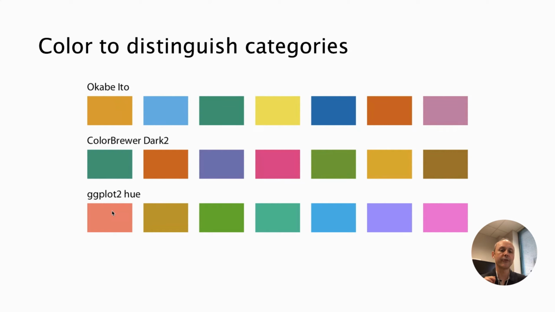So the first lesson that I would say I have for color use in general is, once you know what your use case is, for example, distinguish categories, it's a really good idea, honestly, to use a professionally designed scale. Maybe use the Okabe-Ito if you like it, or go through the Color Brewer palettes and pick one that you like. It's actually quite difficult to design a color scale well.